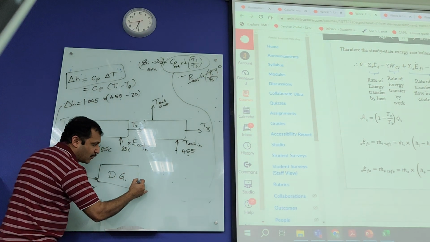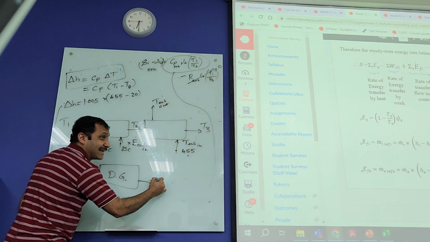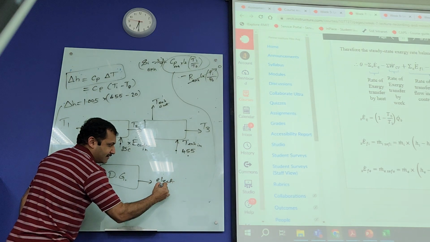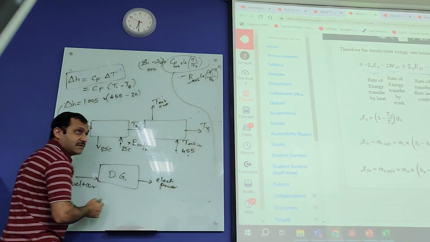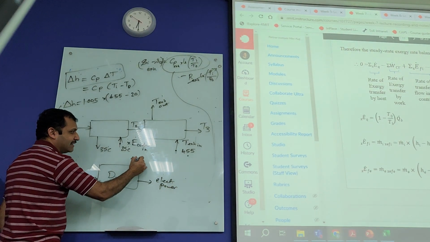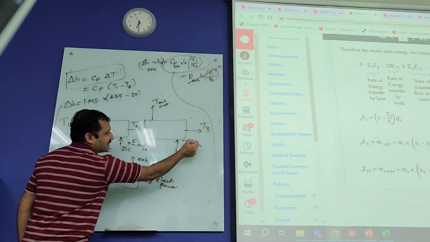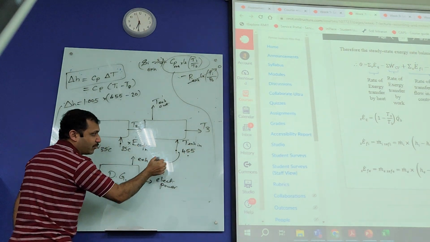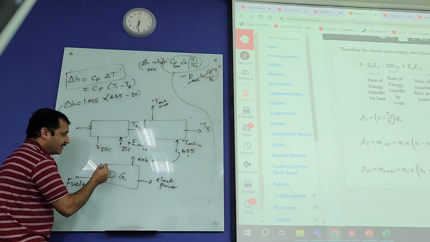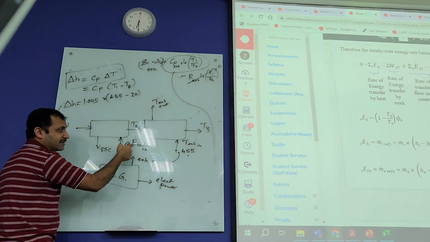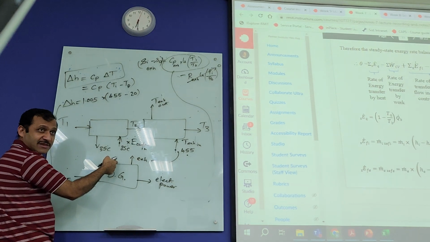Some of the exergy is going out as electrical power. Some exergy is going out in exhaust. Which is that? The exergy that I showed you the equation for. Some exergy is going out in coolant, which I showed you as well, right? That exergy.